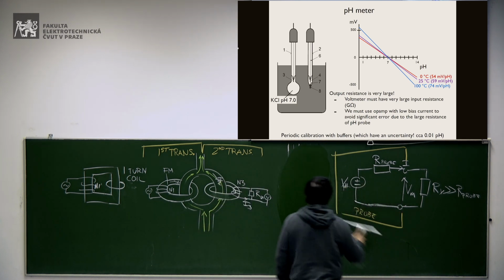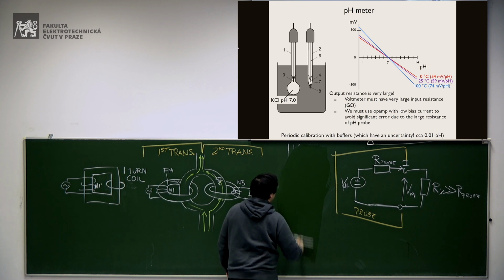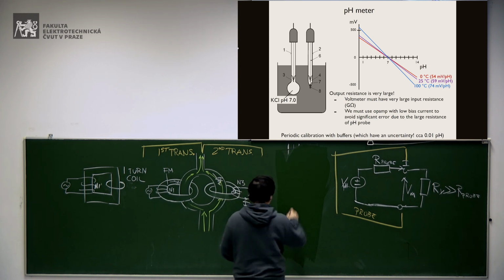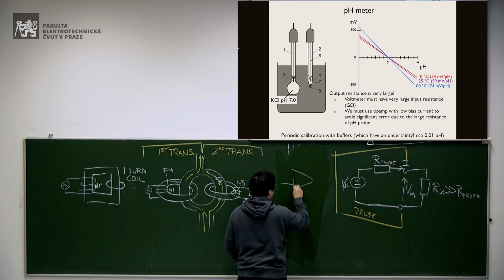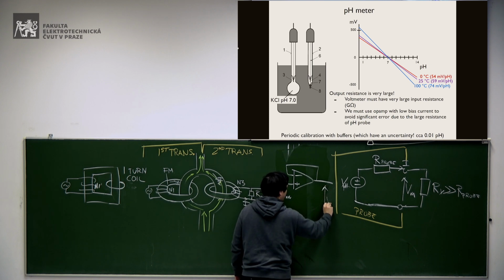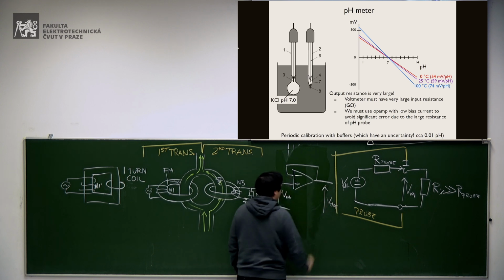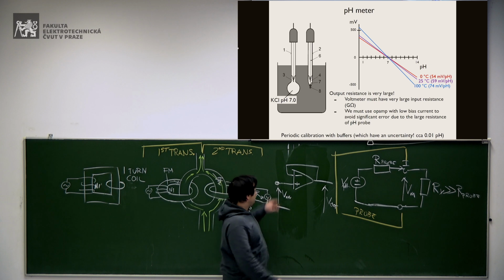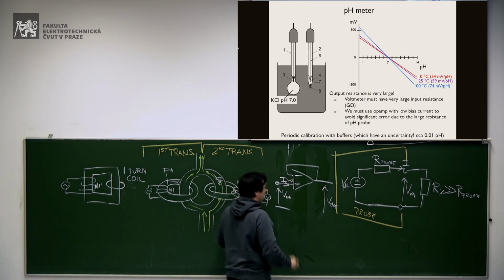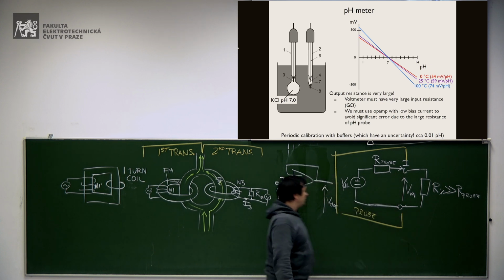If you remember, you use a voltage follower so that the voltage in the input is equal to the voltage in the output, and here the current is 0, okay? So you don't have problems with this current.